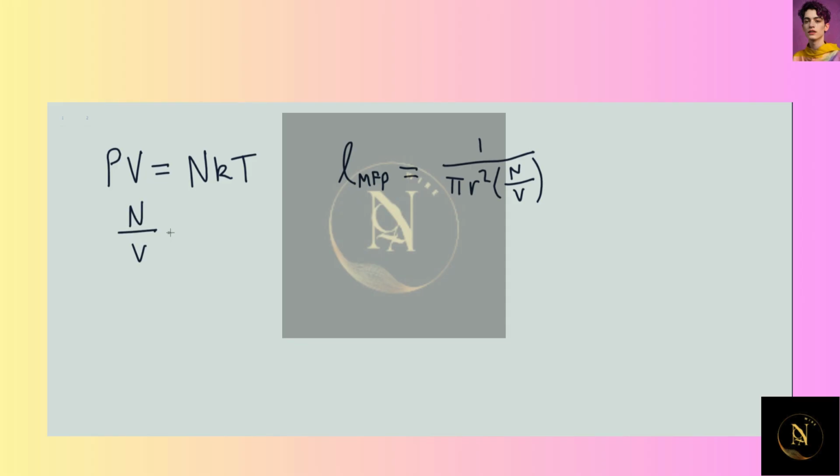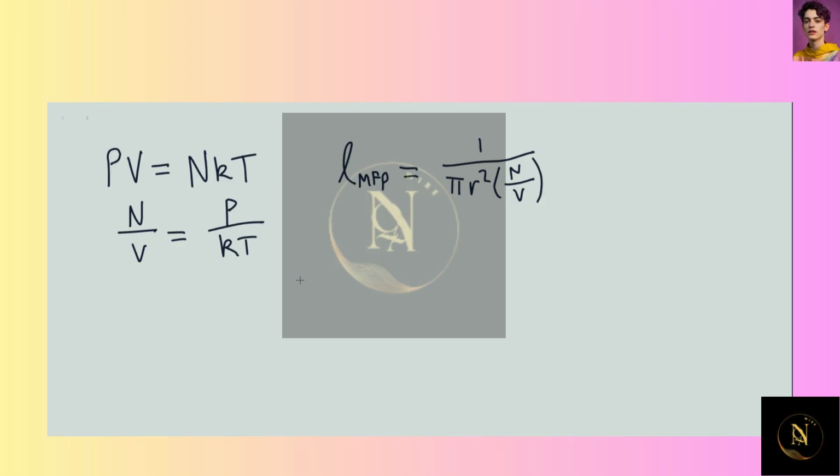So once we have that argument sort of settled, we now have to have two formulas. We need the ideal gas law, PV equals NkT. And we need the mean free path formula involving some other quantities. It's 1 over pi r squared, N over V. So from there, we can say that big N over V is just P over kT.